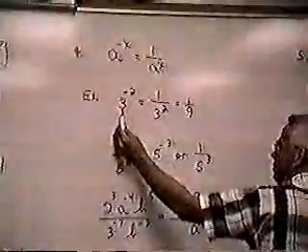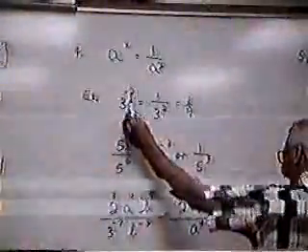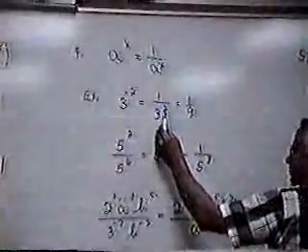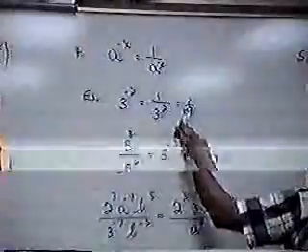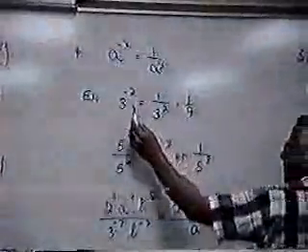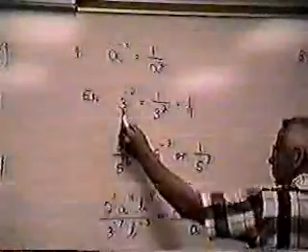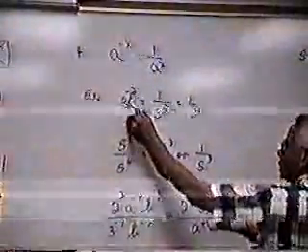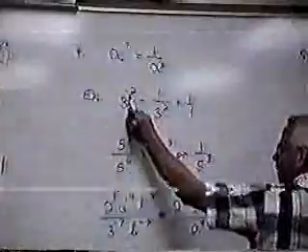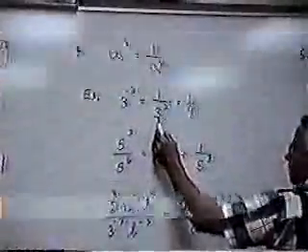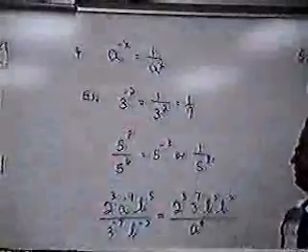A base 3 raised to a negative 2 is 1 over base 3 to a positive 2, which when you multiply out, it's 1 over 9. But the rule is that if you have a positive base raised to a negative power, the answer is 1 over that base raised to a positive power.